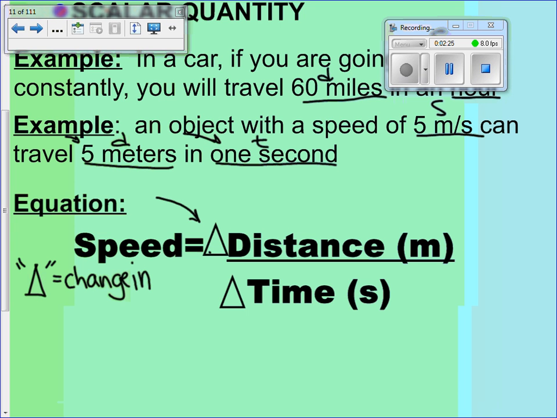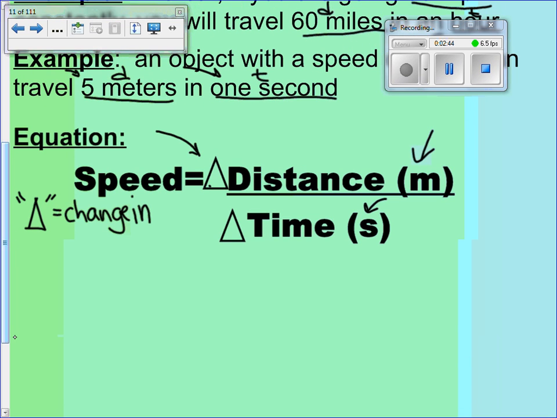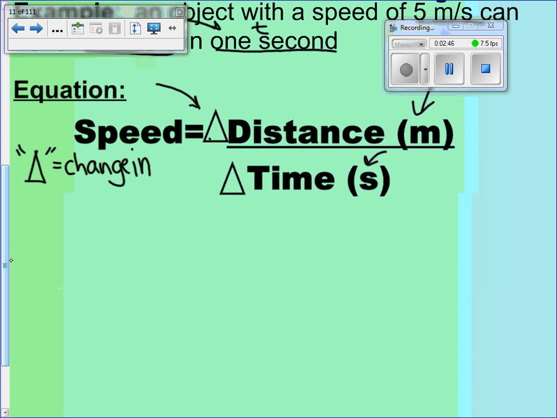And I have the units meters and the units seconds because that's what we're most typically going to deal with in this class, although, and you'll see later, it does change. Sometimes it could be kilometers over hours, or sometimes it could be decameters over seconds. It just depends on the problem. But for now, let's stick with meters per second because that's going to be the majority of problems we do.